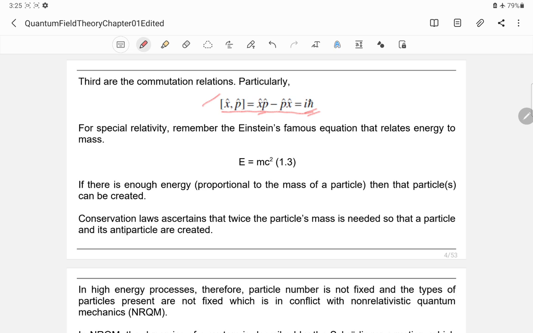And for special relativity, Einstein's famous equation, we must remember, is E is equal to mc squared.